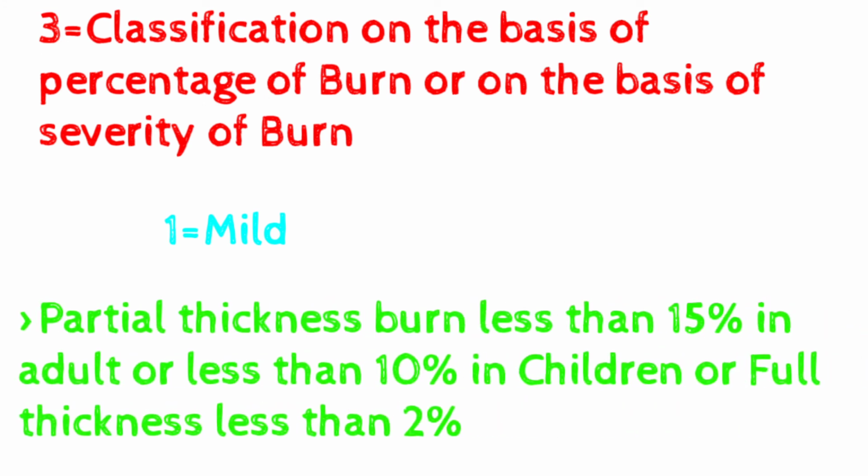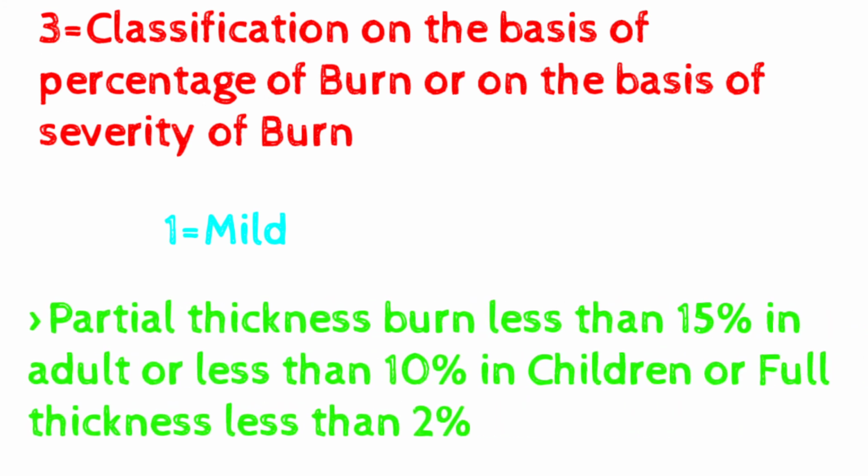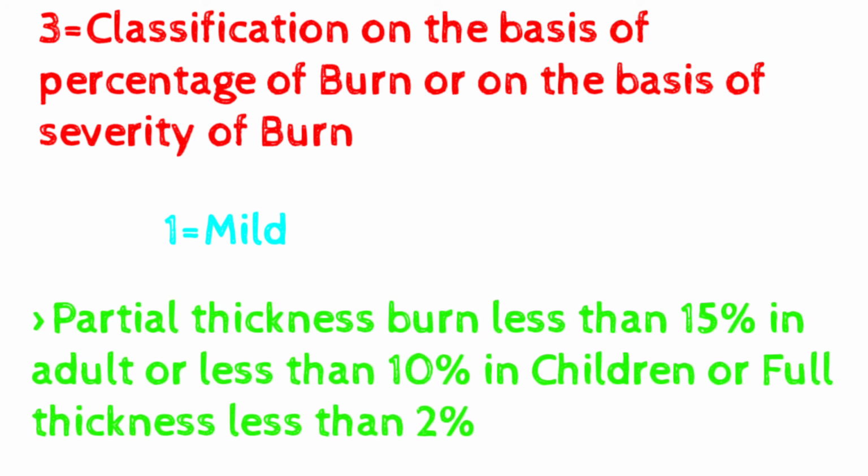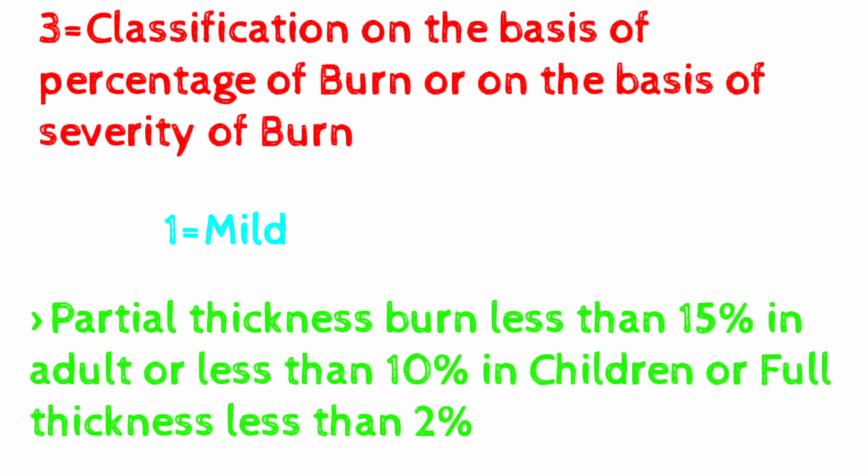In mild, if partial thickness burn is less than 15% in adults or less than 10% in children, or full thickness less than 2%, this is called mild. Now come to the moderate.